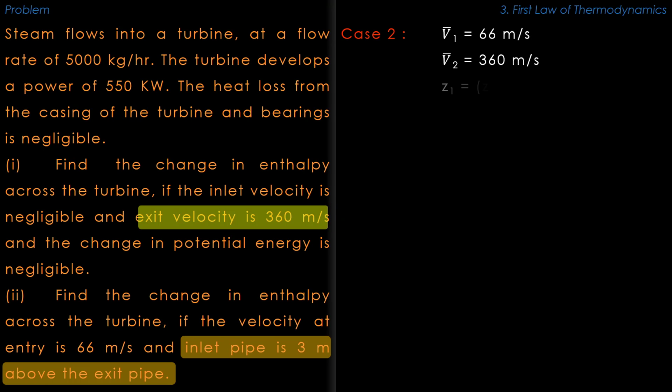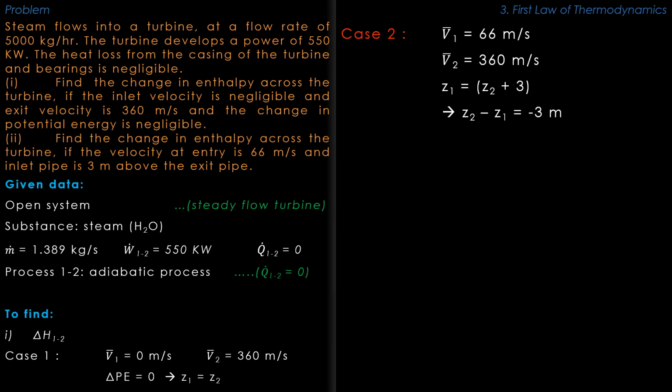So we can write Z1 is equal to Z2 plus 3, or Z2 minus Z1 is equal to minus 3. We may also note that we will determine the total change in enthalpy, as mass flow rate term is given. This m dot data makes the calculation of total quantities possible.